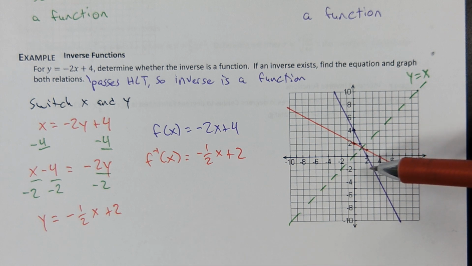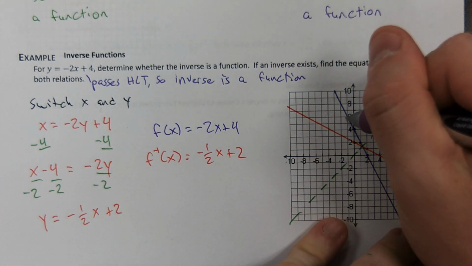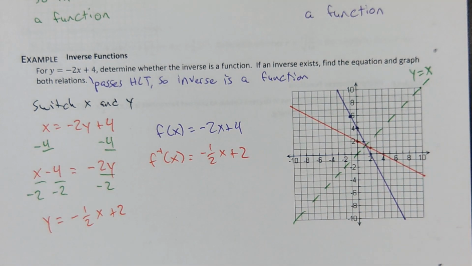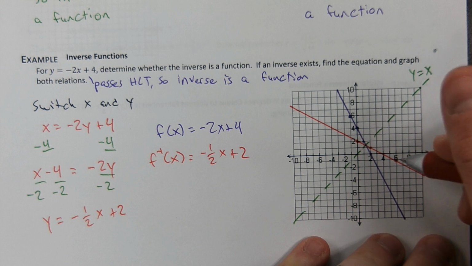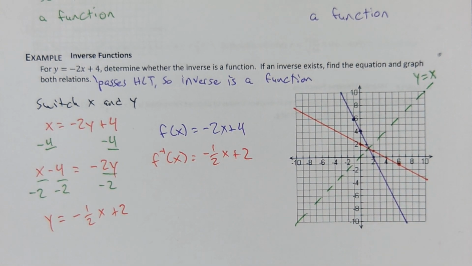Every single purple coordinate, all you have to do is switch its x and its y to get a red coordinate. Just to prove a point, here's another one at -1, 6 in purple. -1, 6 in purple, 6, -1 in red, switching x and y. Isn't that neat?